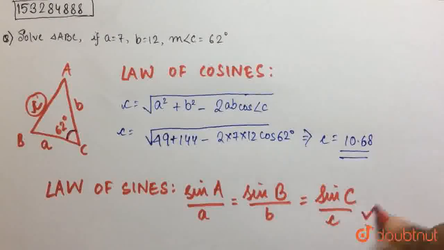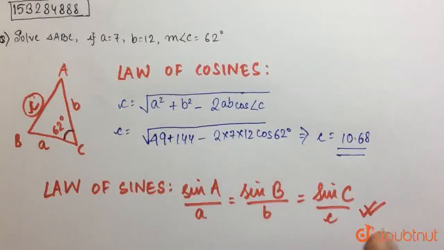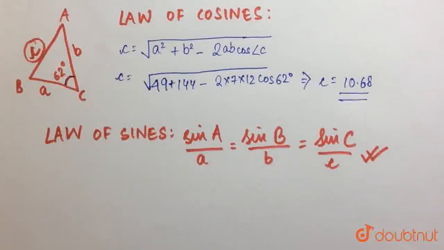This is our law of sines. So now we will be finding out angle A and angle B, which are not given to us. All right. So how do we do that?